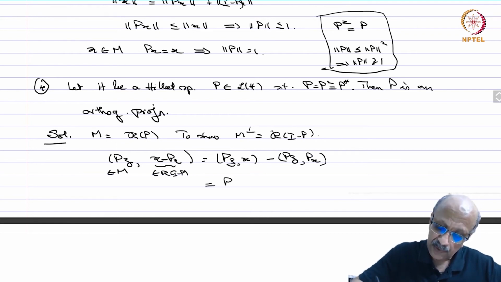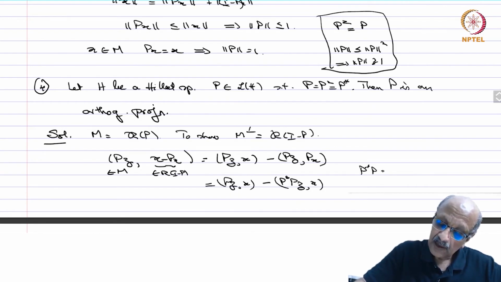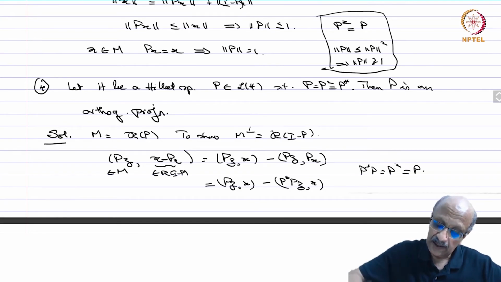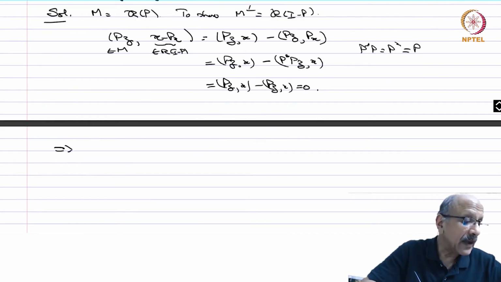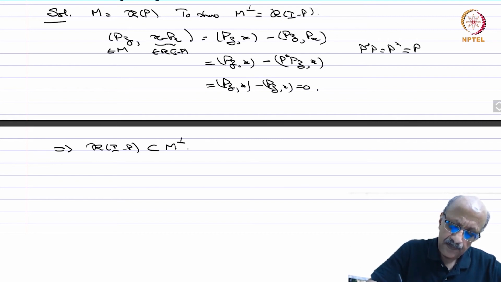That's equal to <Pz, x> minus <P star Pz, x>, and P star P is equal to P squared because P star equals P, and that's equal to P again. So that's equal to <Pz, x> minus <Pz, x>, which is equal to 0. So this implies that range of I minus P is contained in M perp.